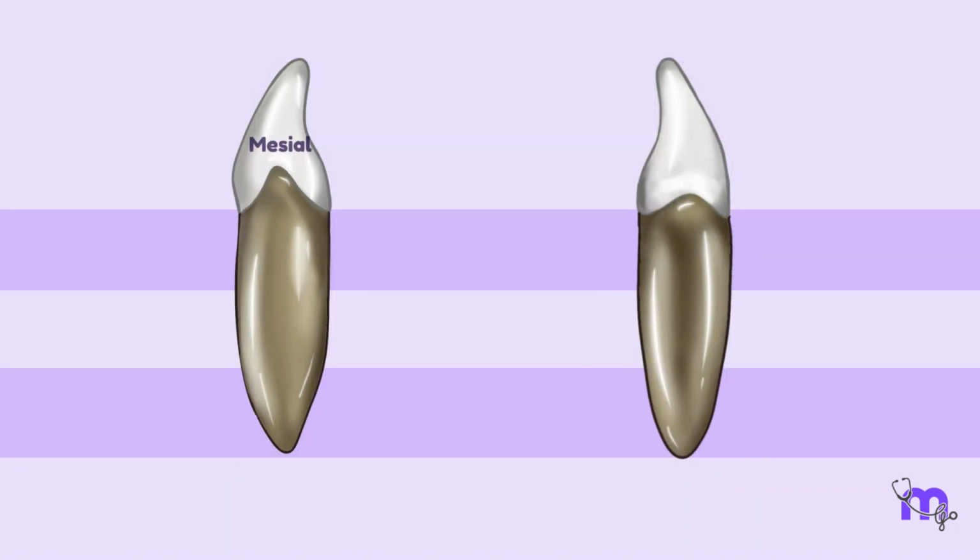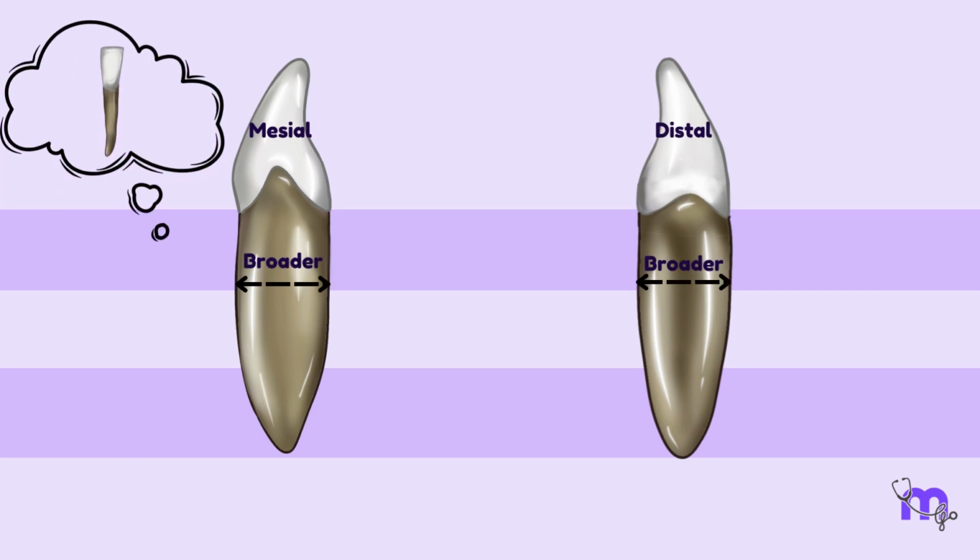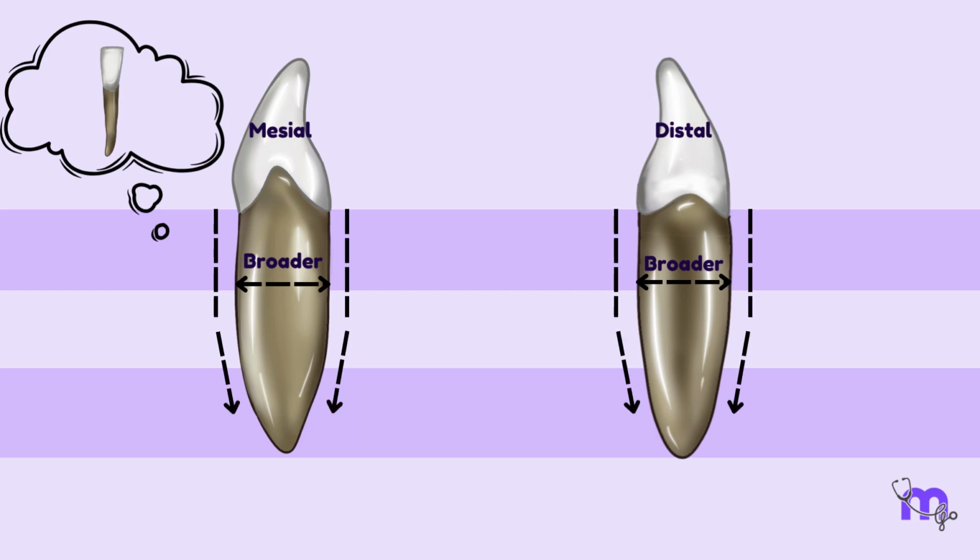When viewed from the mesial or distal aspect, it appears broader than the labial or lingual aspect. The labial and lingual outlines are straight from the cervical line and then begin to taper from the middle third to end at a rounded apex.